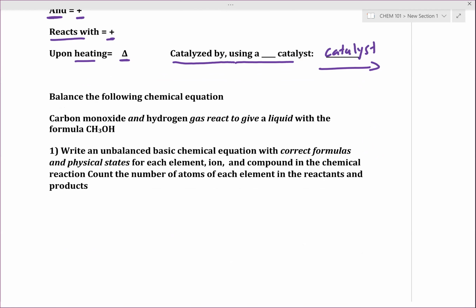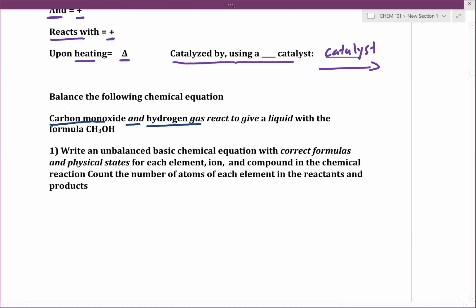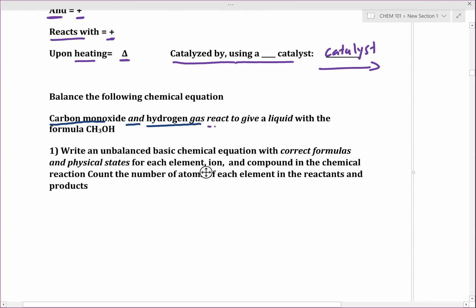For example, we're given that carbon monoxide and hydrogen gas will react to give a liquid with the formula CH3OH. Let's take this apart, and first things first, we need an unbalanced chemical equation with the correct formulas and physical states.